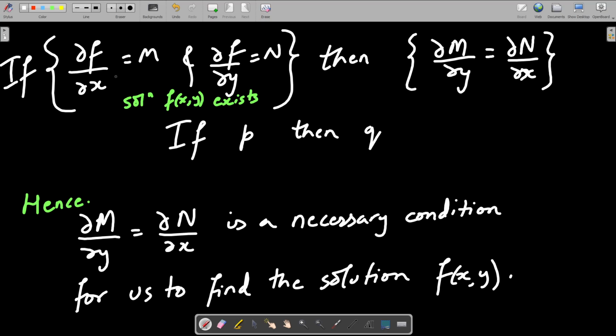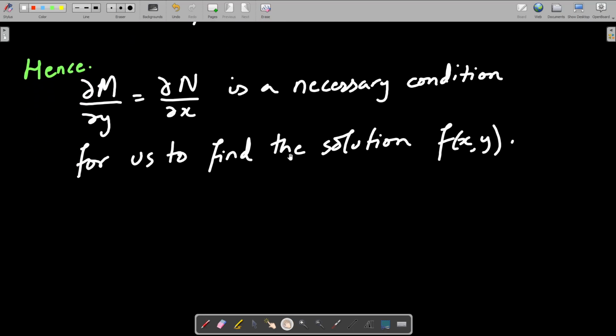For you to say that this happens, you should be able to find a solution. If that solution can be found, then this happens. If this does not happen, you cannot find the solution. That's why dou m by dou y equal to dou n by dou x is a necessary condition. If it does not happen, then you cannot easily find a solution. There are some other techniques, but we'll learn them later. So this is a necessary condition to find a solution f(x, y).